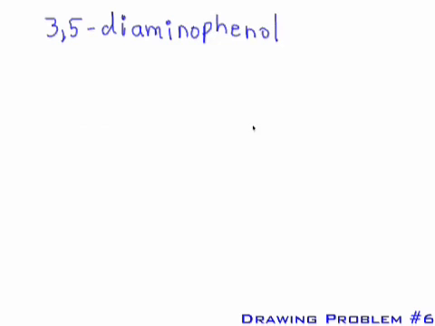The last molecule to draw was 3,5-diaminophenol. Again, another specialty name. Had to remember what a phenol was. A phenol is a benzene ring with an OH off of it.